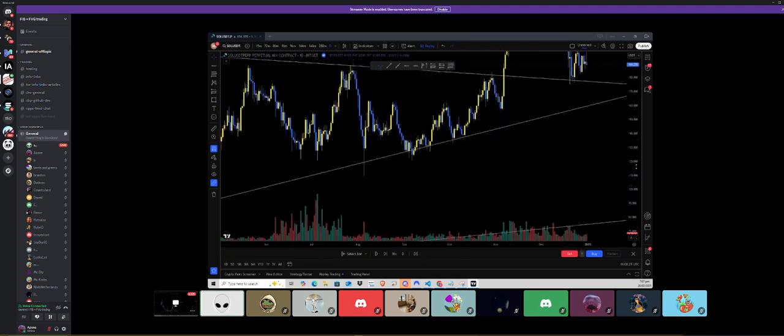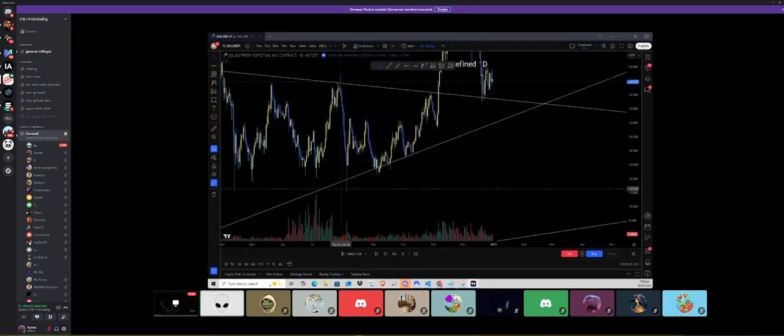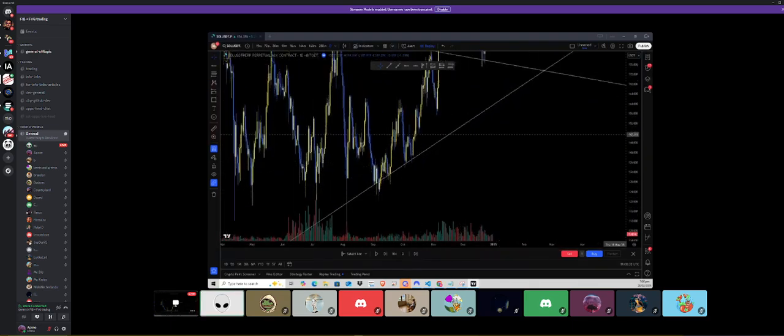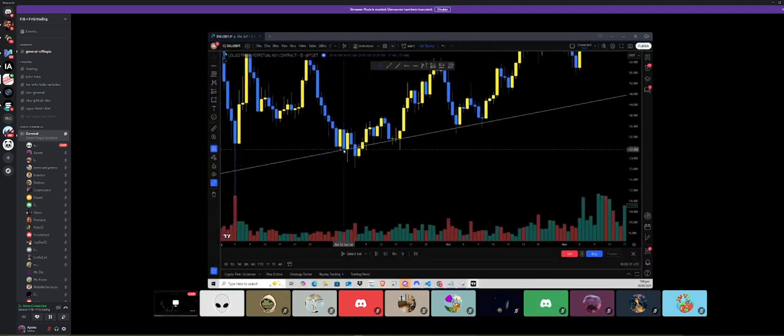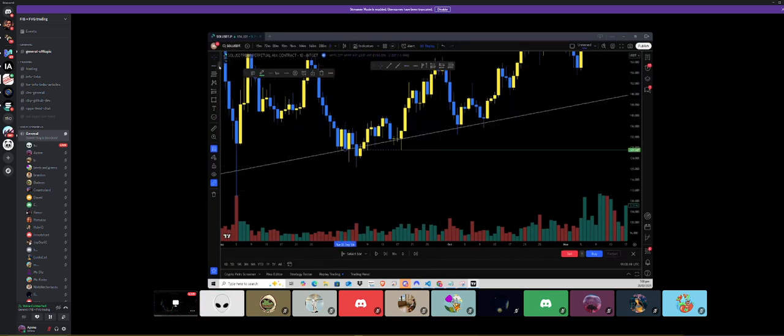That is a monthly trend refined to a daily, and then you'll find this pivot point can become the anchor point for that, which is basically the same.